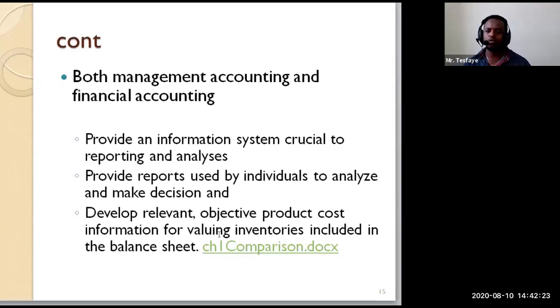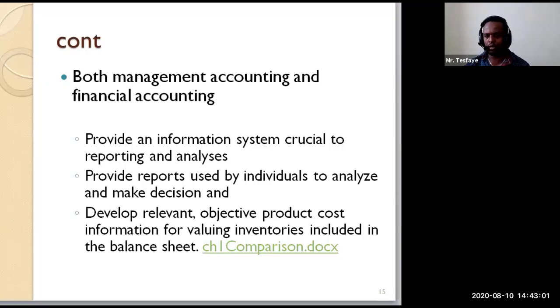The third one is to develop relevant, objective product cost information for evaluating inventories included in the balance sheet. So these two professions have these important points. They provide information for reporting and analysis. They provide reports used by individuals to analyze and make decisions. They develop relevant, objective product cost information for valuing our inventory that will be included in the balance sheet.